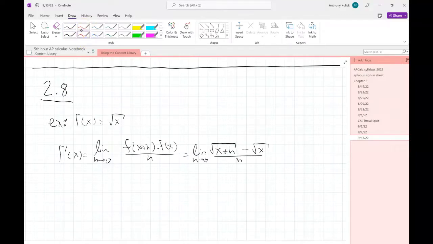Oh no, what do I do now, Mr. Kulik? I can't direct substitute because I end up with 0 over 0, and I can't really simplify this and expand it out or anything. What should I do? Multiply by the conjugate. Yeah.